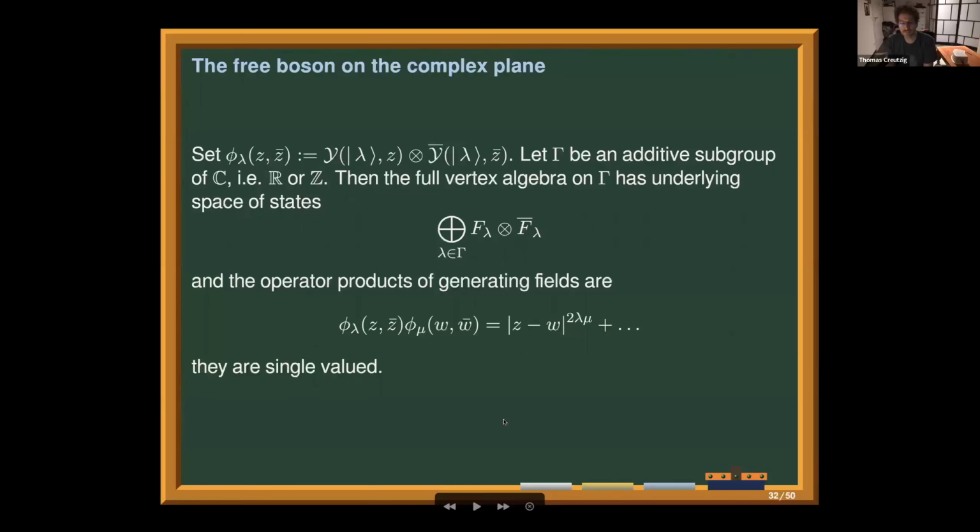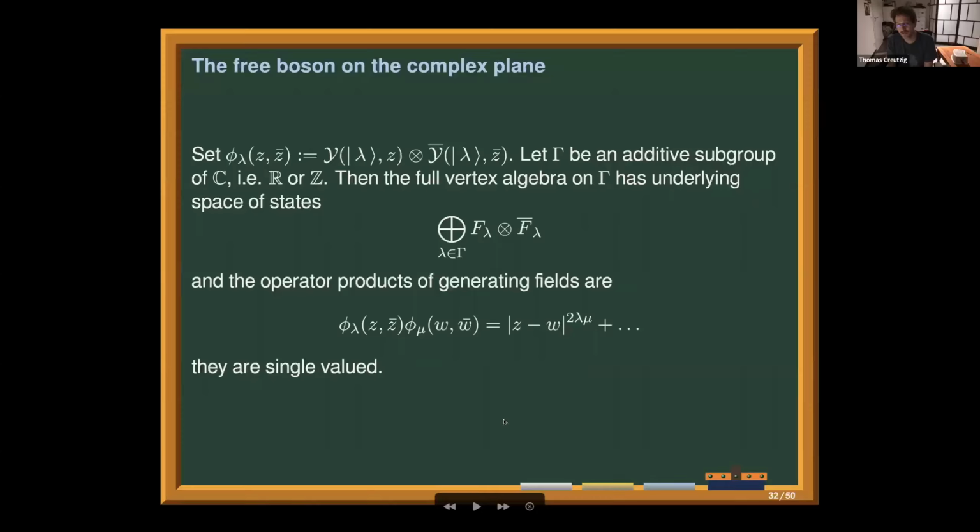And now one can compute the OPE, and the OPE of the chiral field associated to lambda with the chiral field associated to mu gives us z minus w to the lambda times mu times the chiral field associated to lambda plus mu. And for the antichiral one, the same thing.